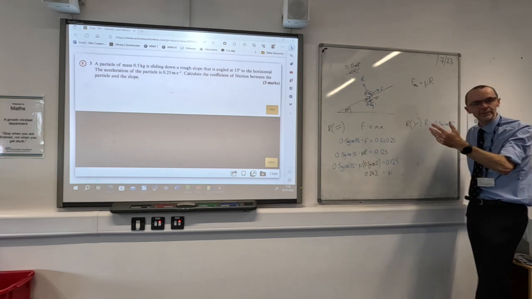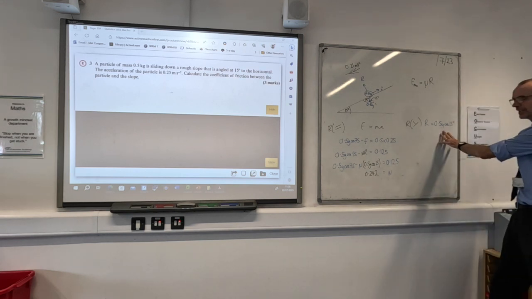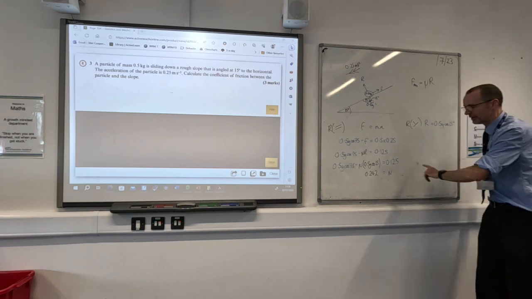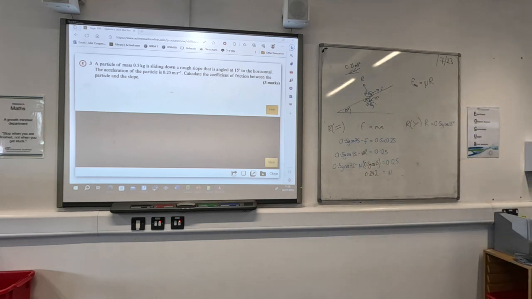Friction is at its maximum value because it's already moving, so that's mu times R, which we've calculated over here. So mu times that value of R that we just calculated is the value of friction, and then it's just a little bit of jiggery pokery to rearrange that and get that correct.